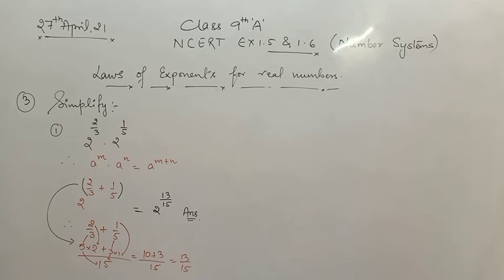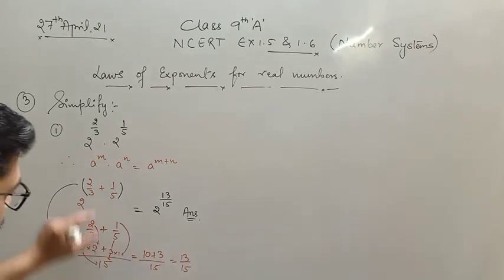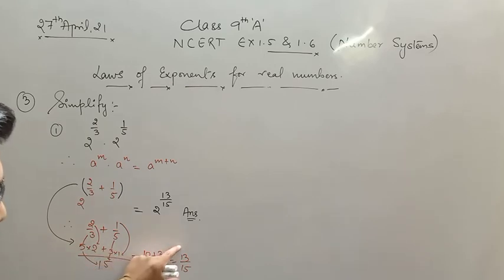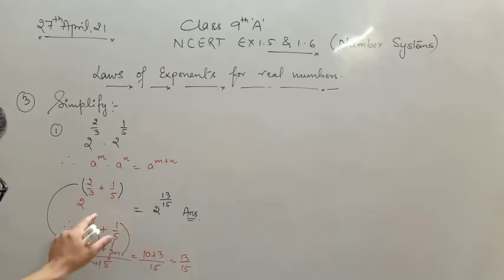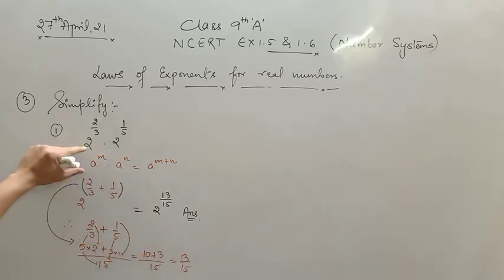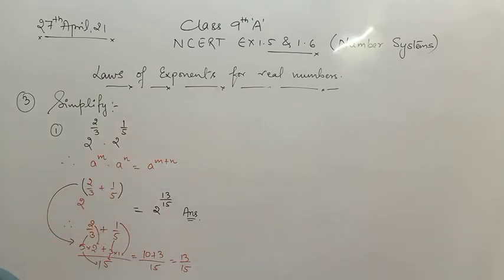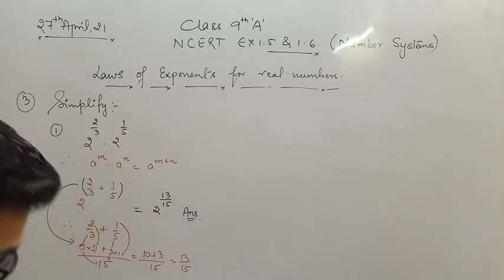Just for your convenience, I did this calculation here. Which property I applied here is a to the power m into a to the power n can be written as a to the power m plus n.